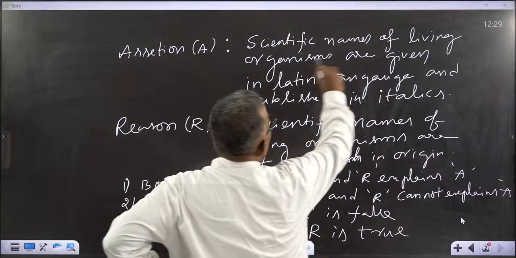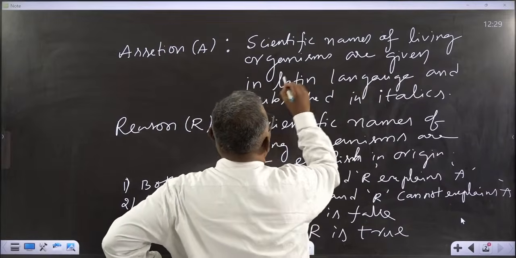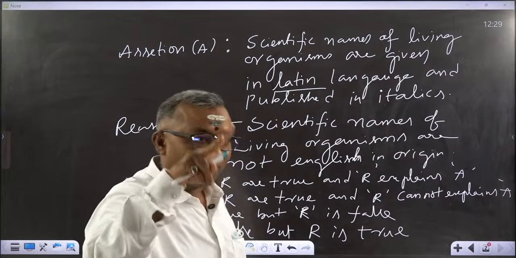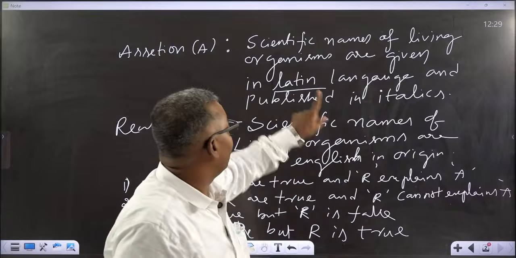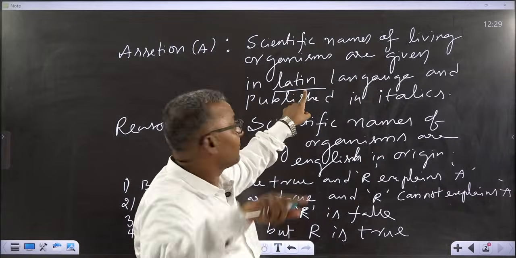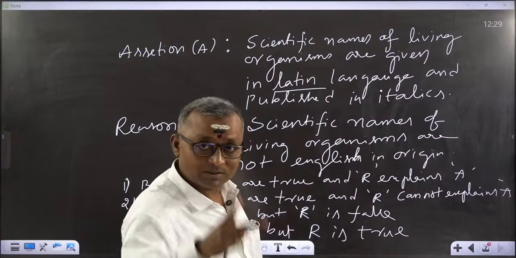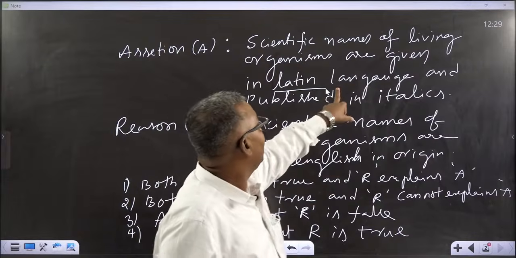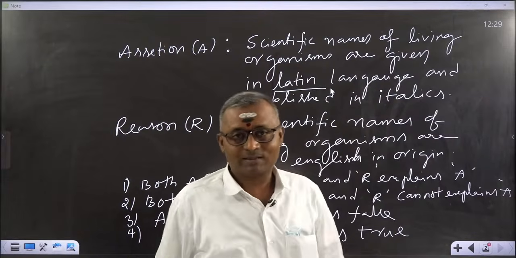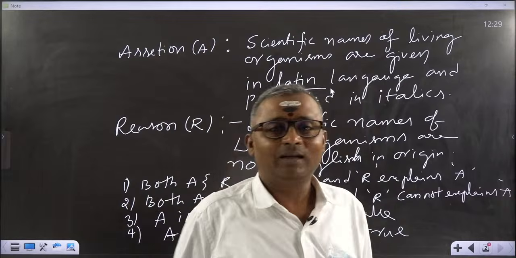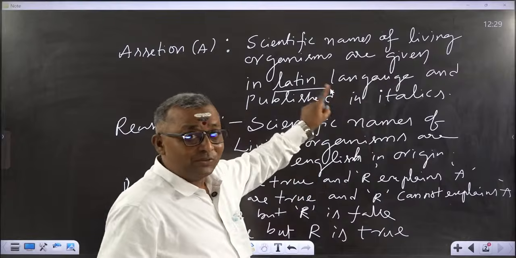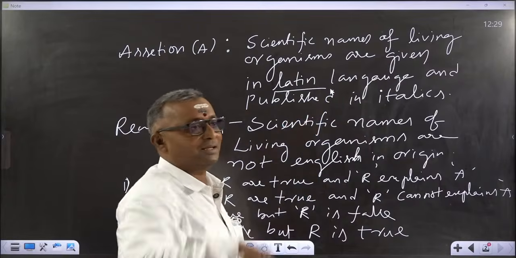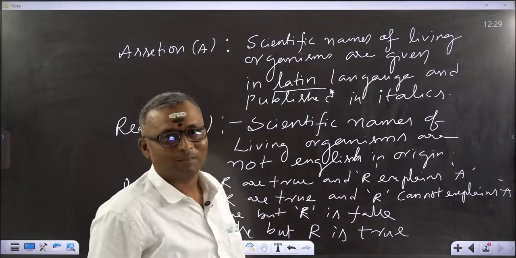One is scientific names of living organisms are given in Latin. You have to give the reason why the Latin language is used for giving scientific names. And the second thing, published in italics. Again, you have to search why these names are published in italics. These are the two components here.